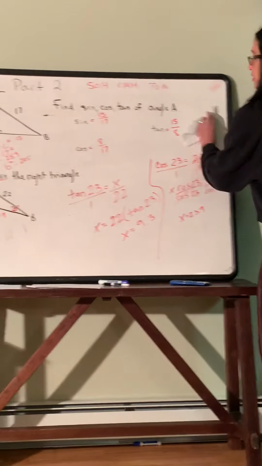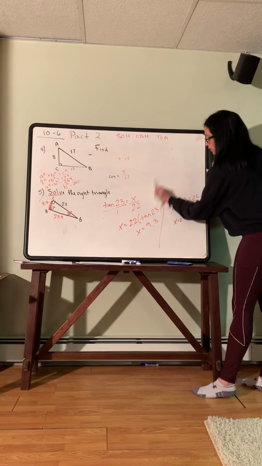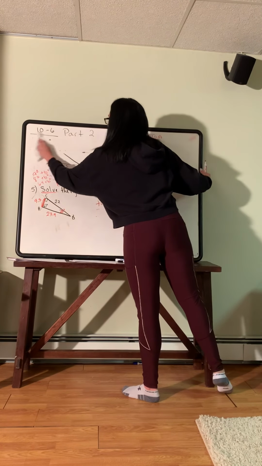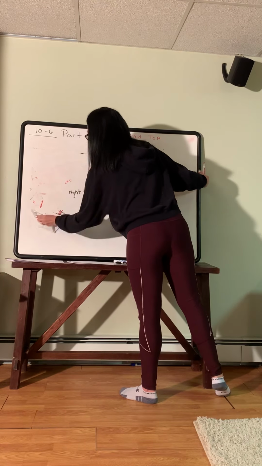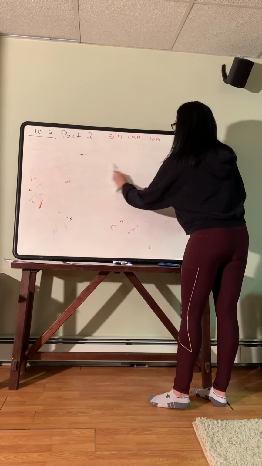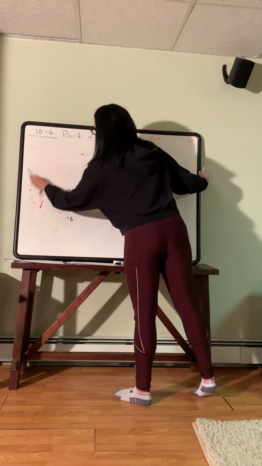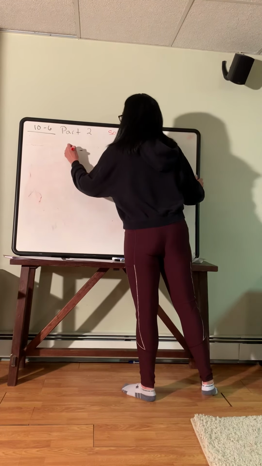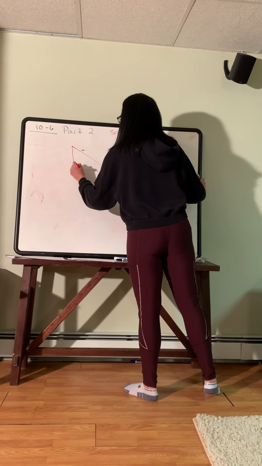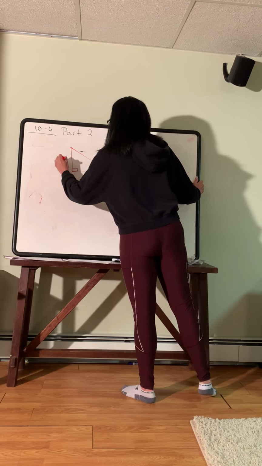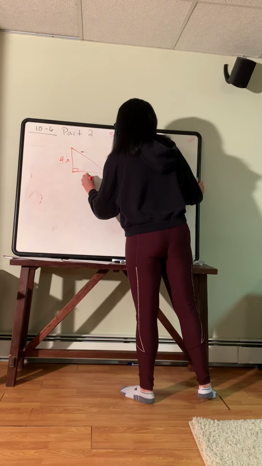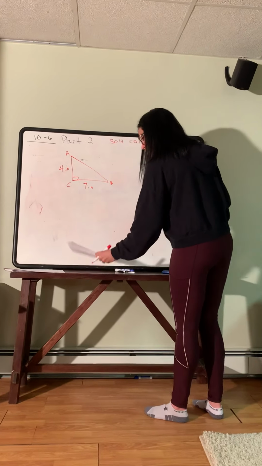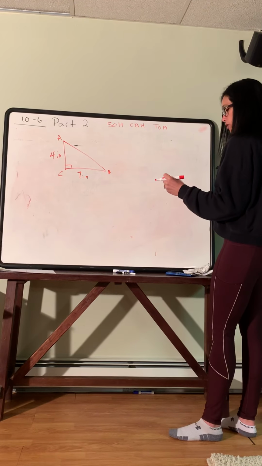So the last question has to do with finding an angle measurement. Okay, so on that right triangle, on that one, it says find the angle measurement of B using trigonometric ratios.